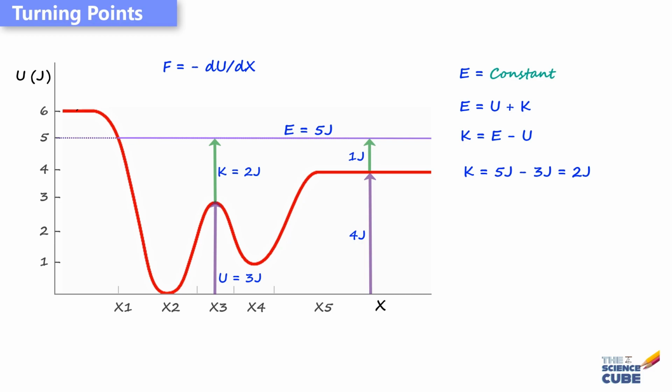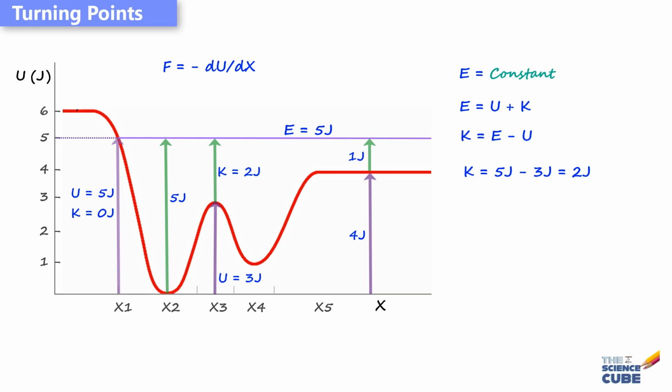Also, you can see that the value of K is maximum at 5 joules when the particle is at x2 because the potential energy is 0 here. Likewise, it is least at 0 joules when the particle is at position x1.